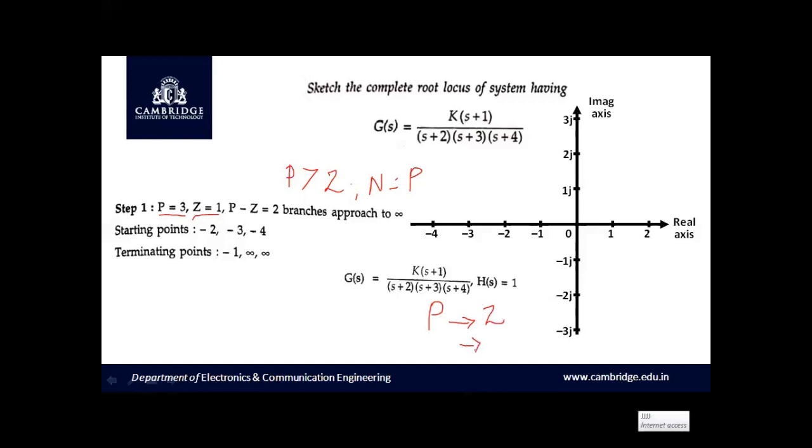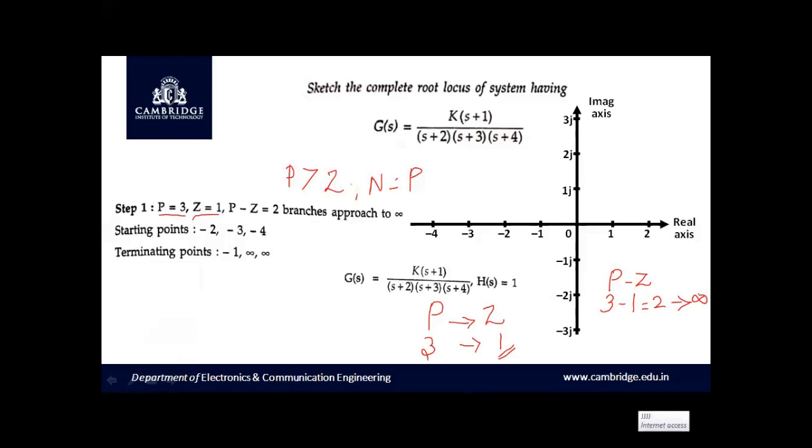As we have Z equal to 1, out of the 3 branches from the poles, one branch will be terminating at a zero, and the remaining P minus Z branches, that is 3 minus 1, that is 2 branches, will be terminating at infinity.